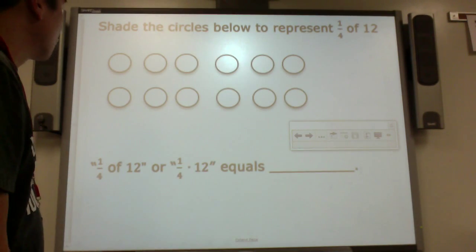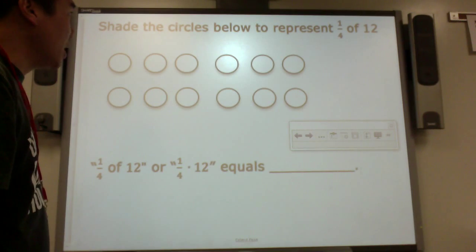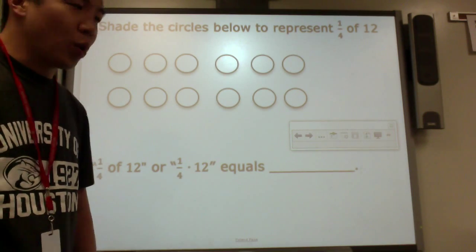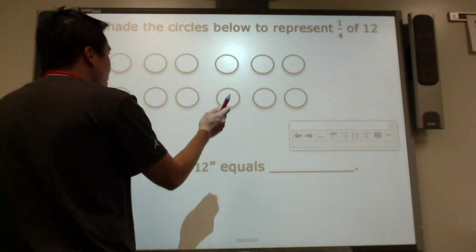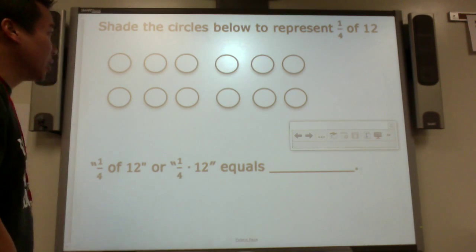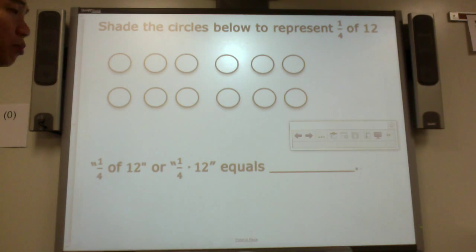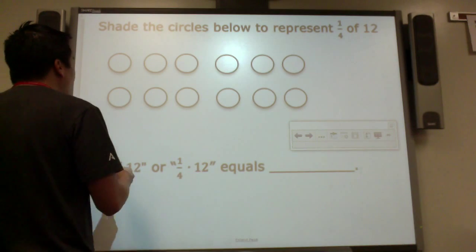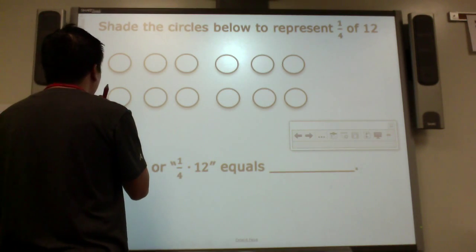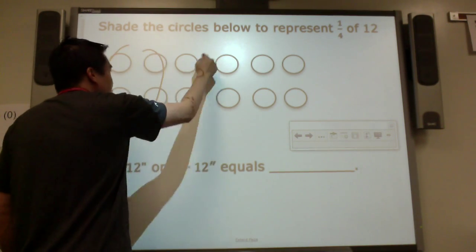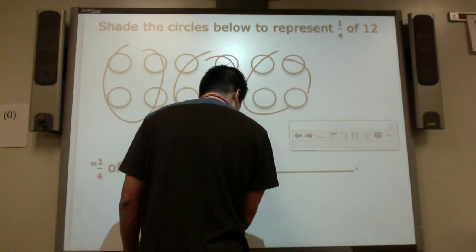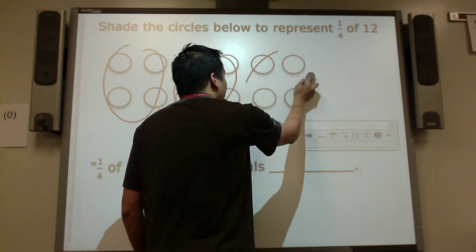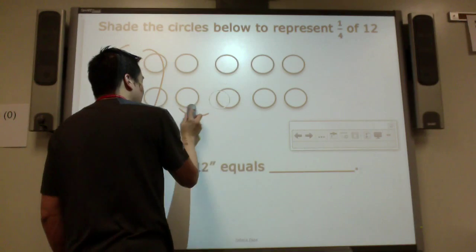So let's practice this. Shade the circles below to represent 1/4 of 12. So I see 12 circles, 12 cupcakes. I want to put them into fourths. Let's see, if I do it this way, no, that's thirds. I divide it into fourths.